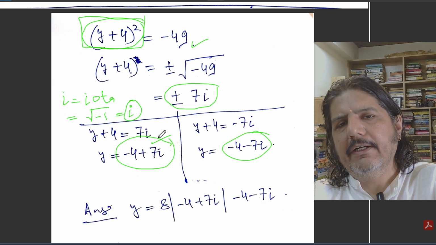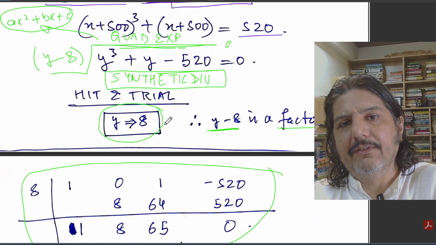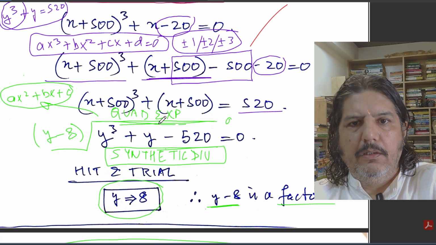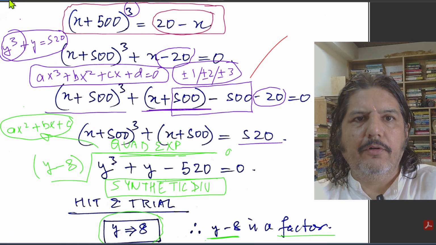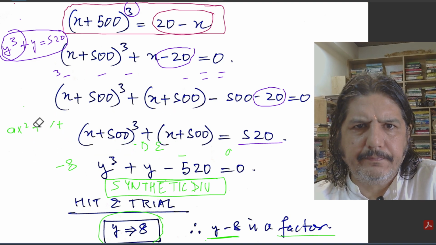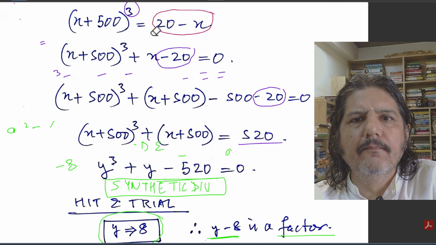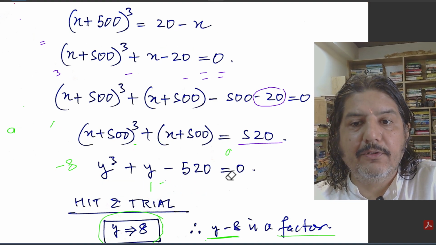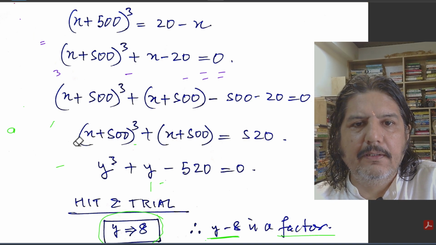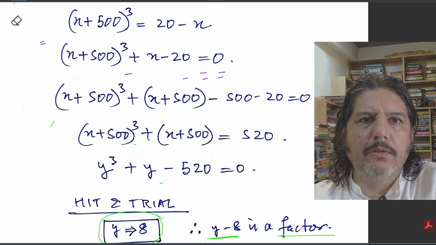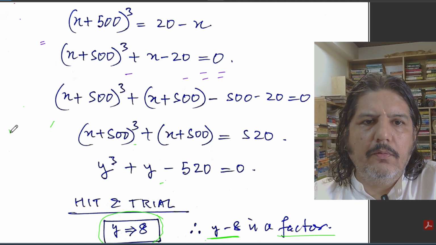But please don't forget that y is not the final answer, because you had substituted for y. And what was your y? Let me take you back. So please remember that y is not the final answer. I think you'll remember this now. So y was equal to x plus 500.